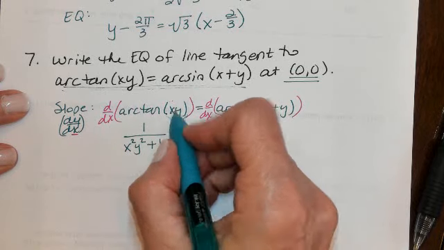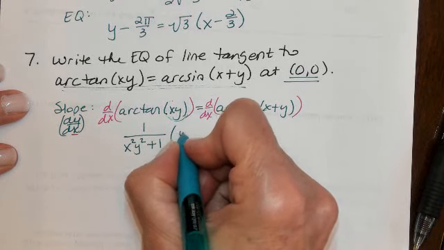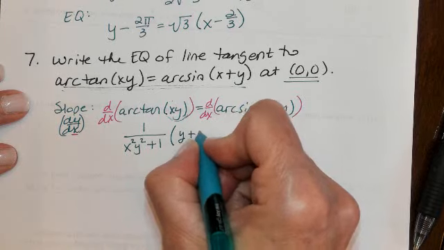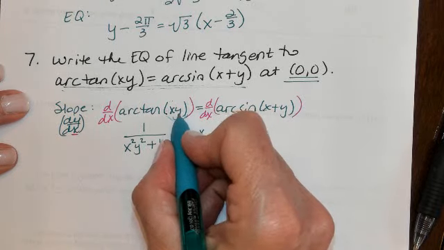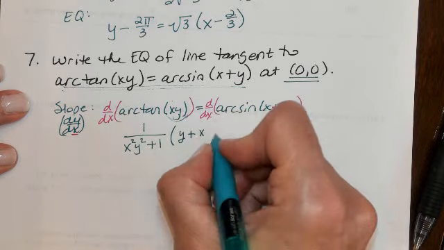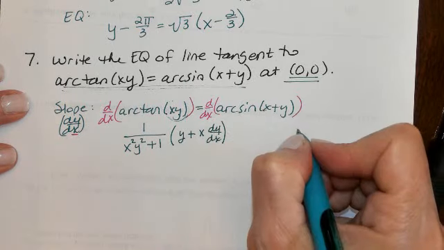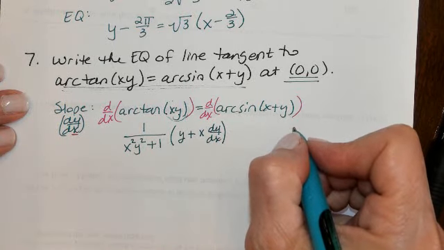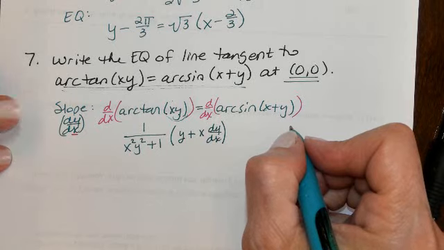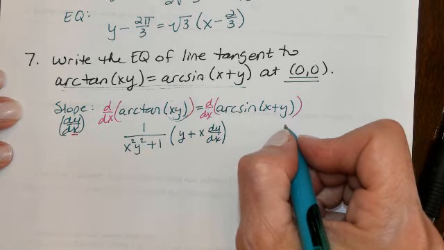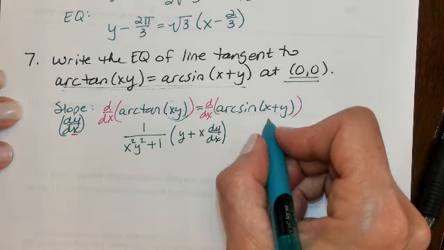So the derivative of x is 1 times y plus, we're leaving x alone, the derivative of y with respect to x is dy dx. Okay? Any questions on that little piece?